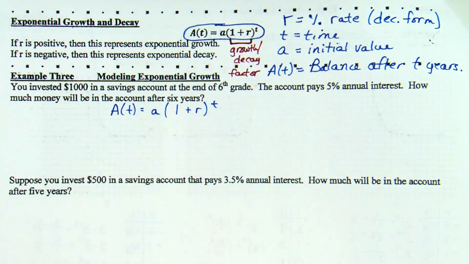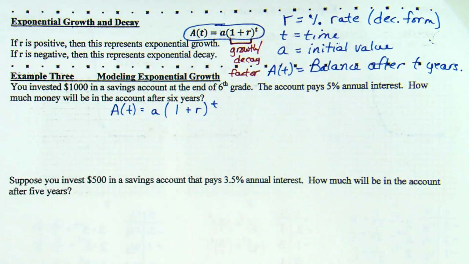Okay, so I'm starting with my basic formula here. A of t equals A times 1 plus R to the t. What kind of pieces can you identify here? What can you identify from the equation? What's given to us? What did you say, Keaton? Okay, time.